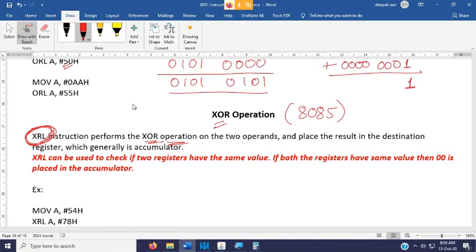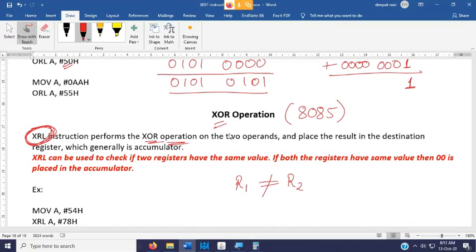But remember, the XOR operation is handy when you want to check whether two numbers, two registers or two values are same or not. For example, if you want to compare two registers R1 and R2, and check whether these two have the same values or different values, for that you use the XOR operation. It is not just for XORing, it is to check whether two values are same or not.